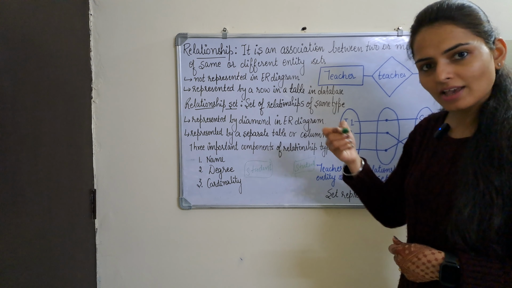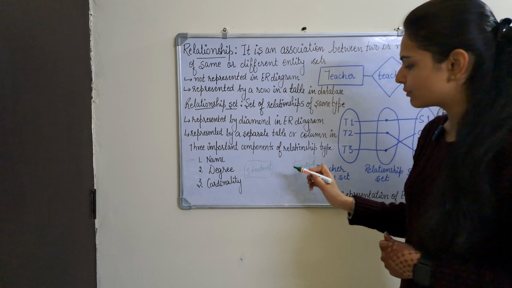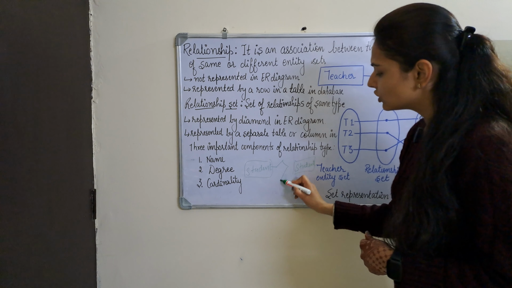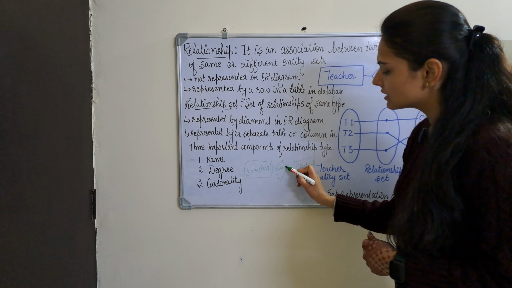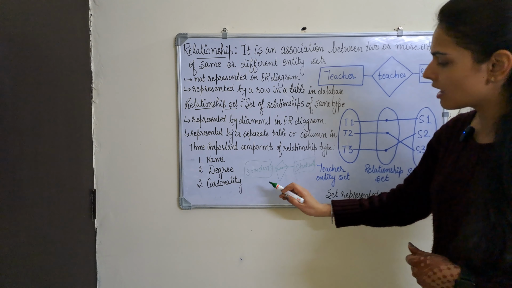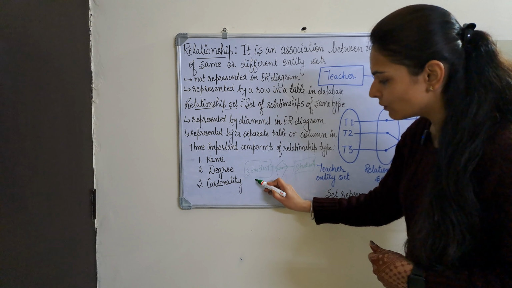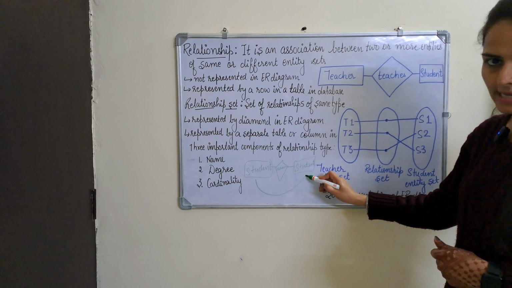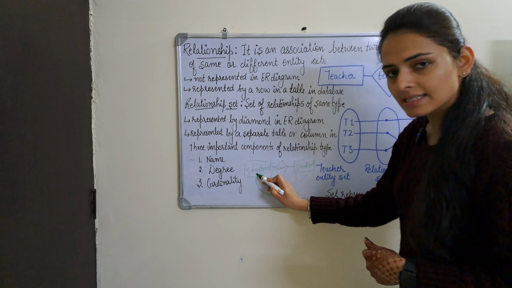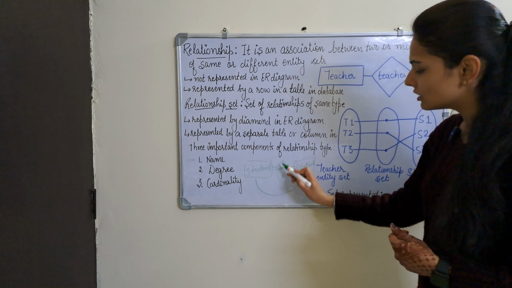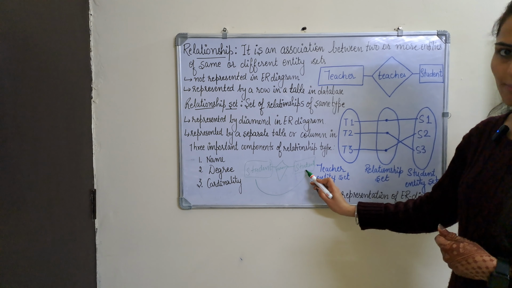Now, for each and every class there will be a class representative who manages all other students of this class. So we can say there is a relationship between two same entity sets, that is, the class CR, who is a student, manages other students of the same class, right?